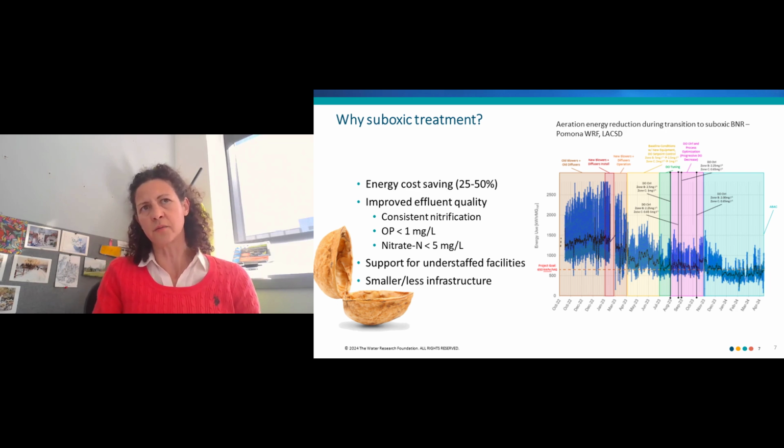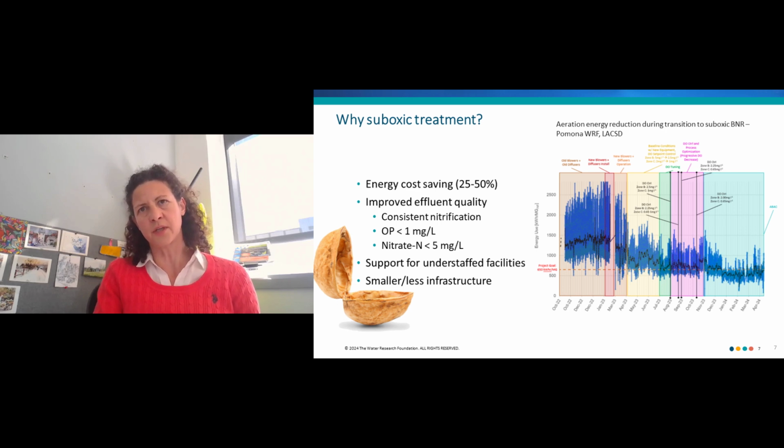And that is not just with denitrification, where we can get nitrate concentrations below 5 milligrams per liter in just really BNR processes, but also very consistent nitrification. In fact, we're going to show you in the third webcast that we were able to improve nitrification operating at lower DO conditions.